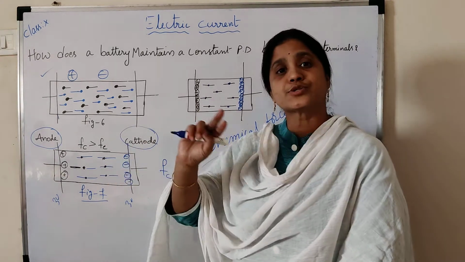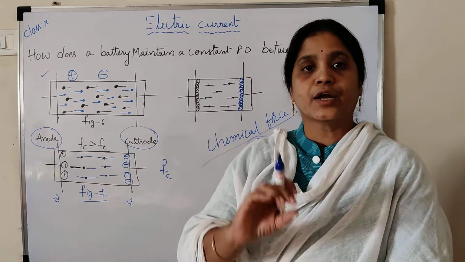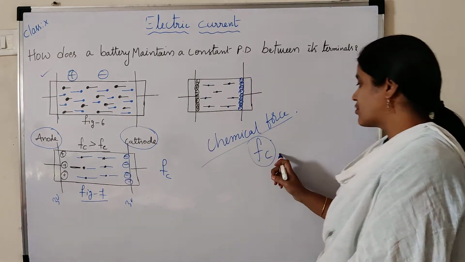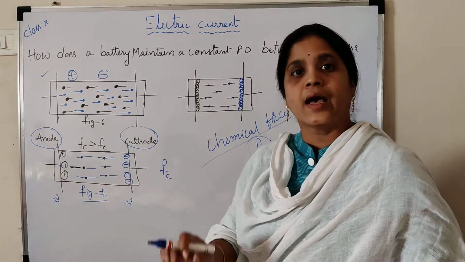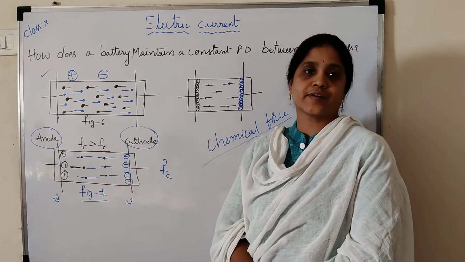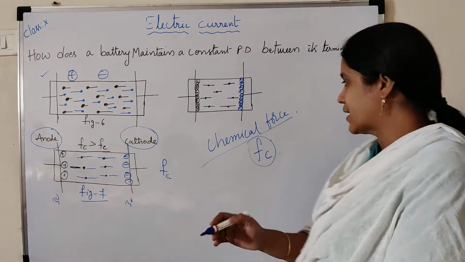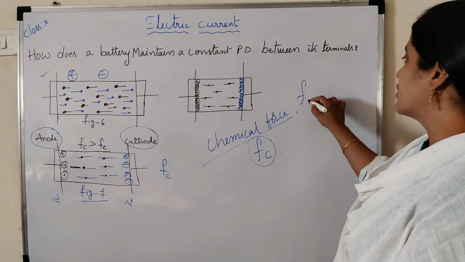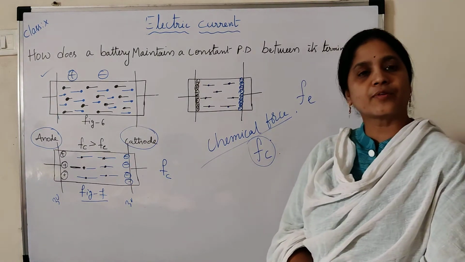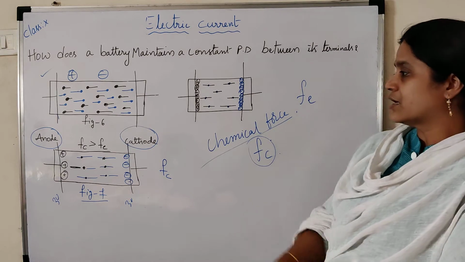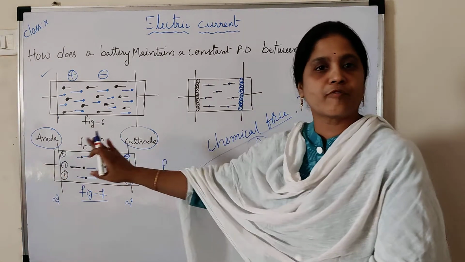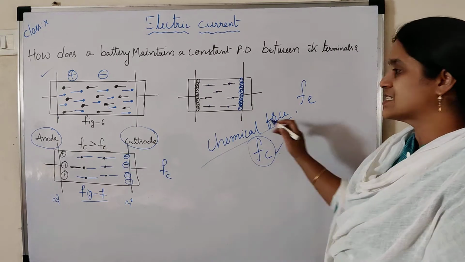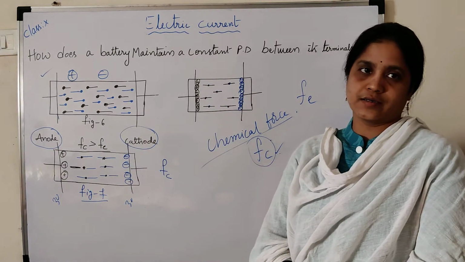Actually, two types of forces act on these ions: the chemical force due to the electrolyte, and once it is connected into the circuit, an electric field is developed, meaning an electric force acts, which we represent with Fe. But until the same number of ions accumulate, only the chemical force is acting on those ions.